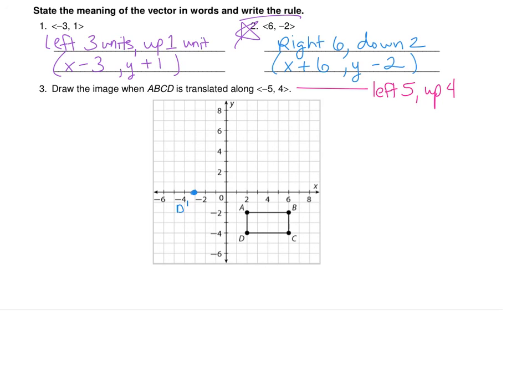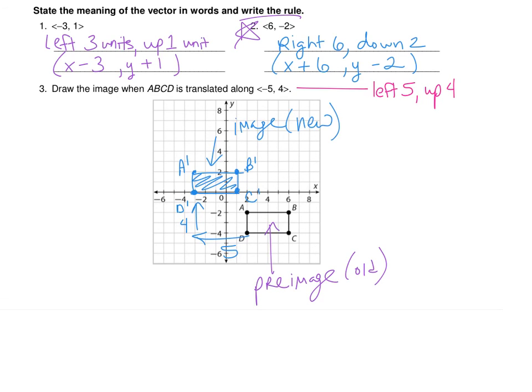And that would be D prime. So then if we move all the coordinates the same way, there would be my A prime, my B prime, C prime, and D prime all together. So we went to the left 5 and up 4 spaces.